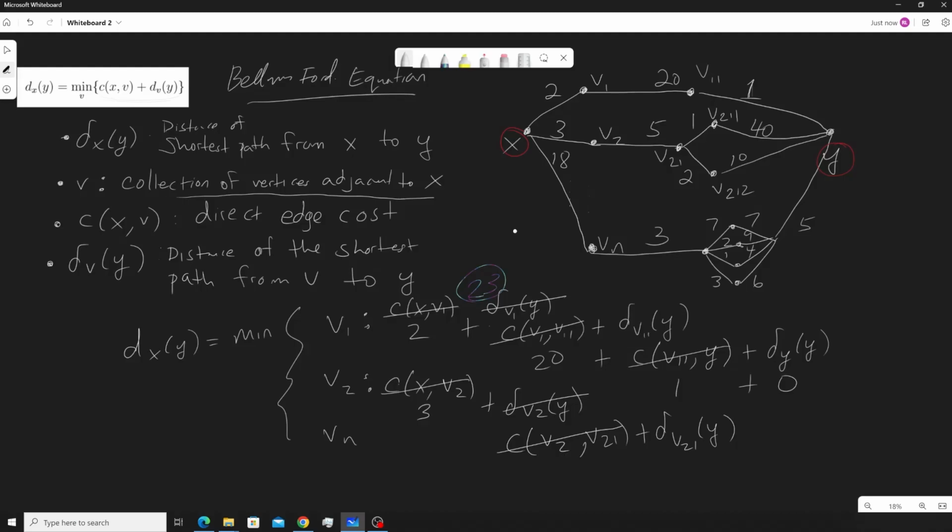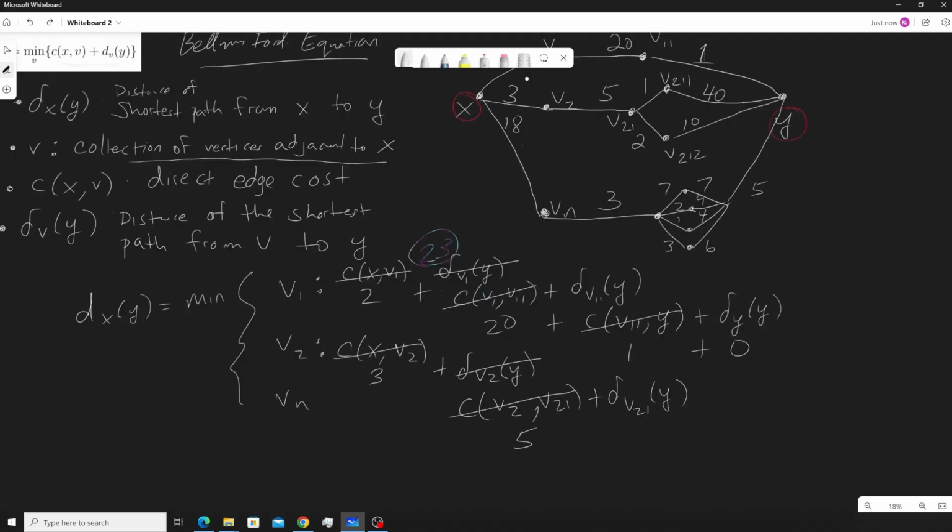And v21 recurses down. This time we have to use that min formula again. This one breaks down into 2 more subproblems, one where we go to v211 and one where we go to v212.